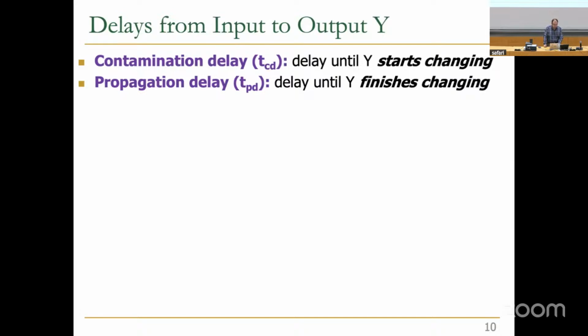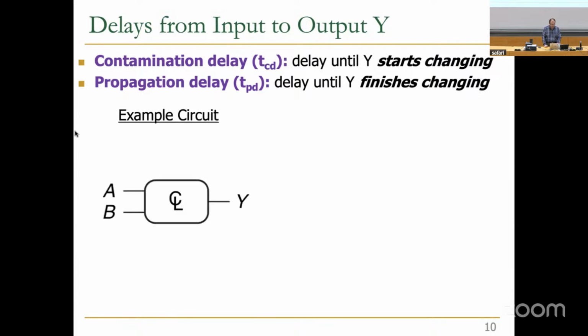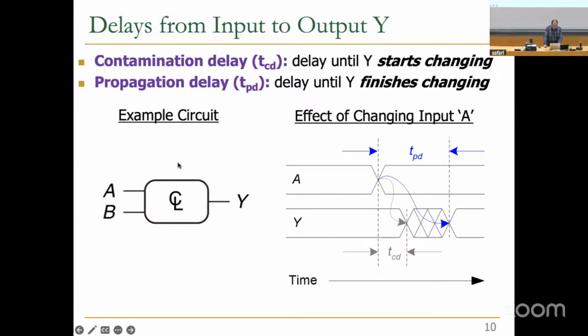In order to find a good, simple abstraction, we're going to define these two delays: contamination delay and propagation delay. Contamination delay is the delay until the output, which is Y, starts changing, and propagation delay is the delay until the output finishes changing. In this example circuit, A and B are the inputs and Y is the output.